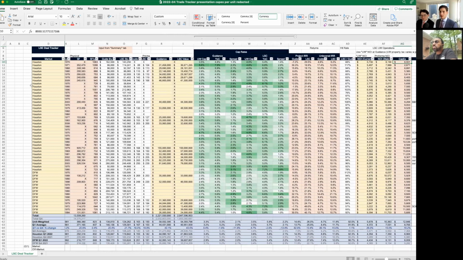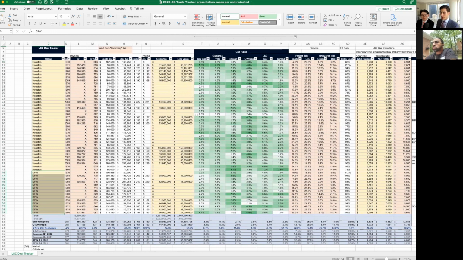As you can see, and if you know what we do, we're very focused on the Texas market, particularly Dallas, Fort Worth, and Houston. So you can see the majority of the deals we underwrote this quarter were in Houston, and a lesser amount in DFW.